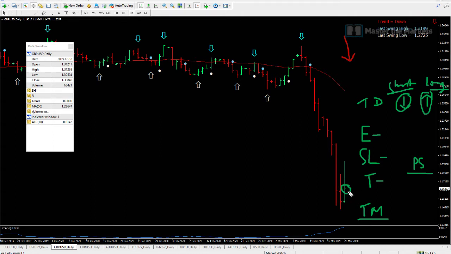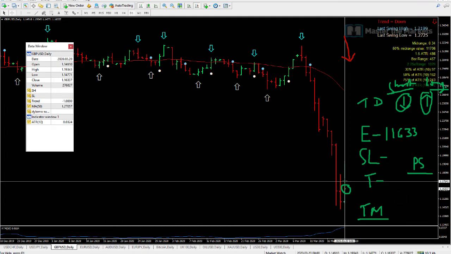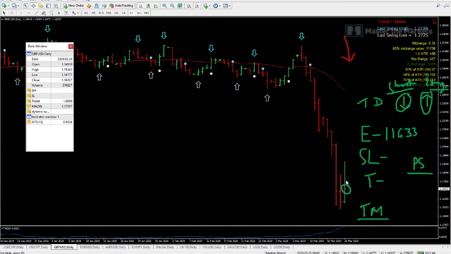The close price at the moment is 116.33. 116.33 is where I am going to be entering the market to short this currency. As you can see on the data window, or when I hover over it, it says 116.33.